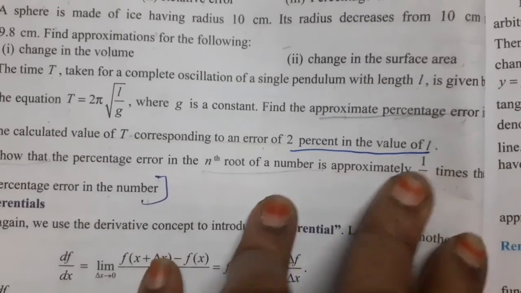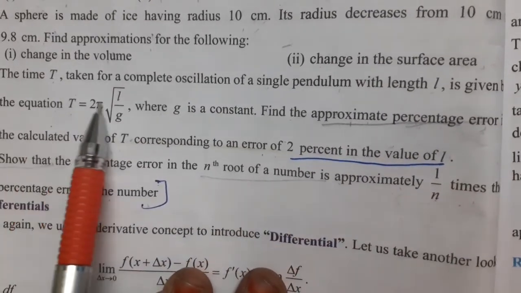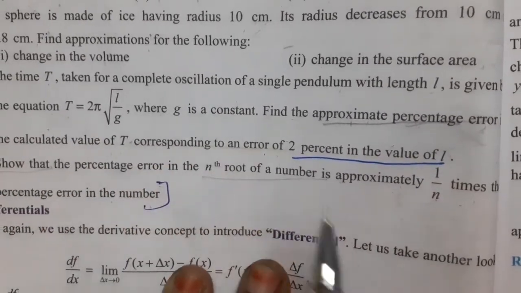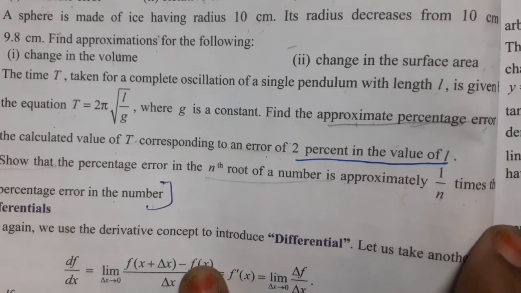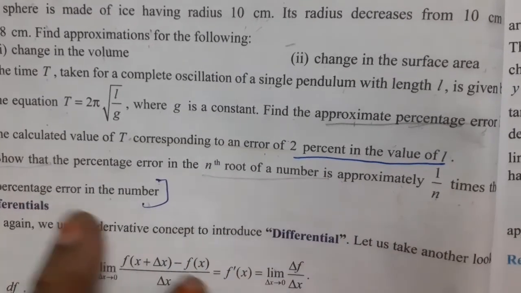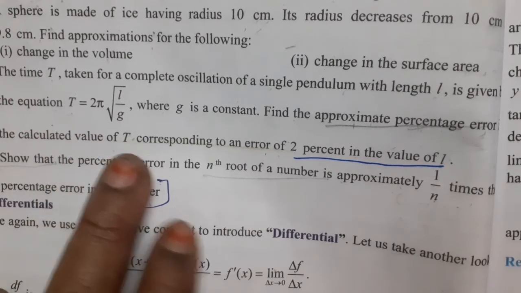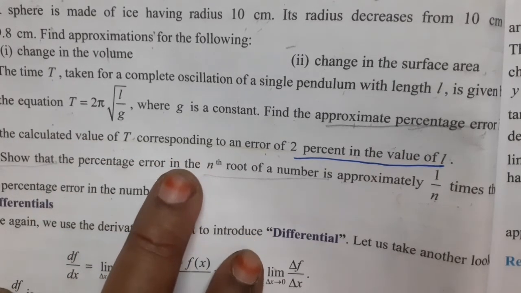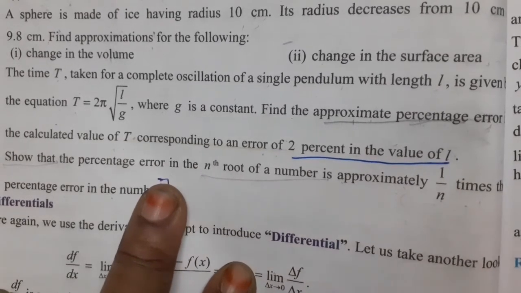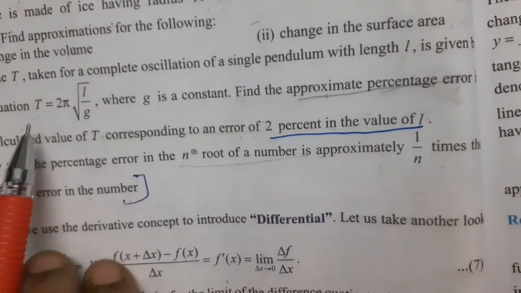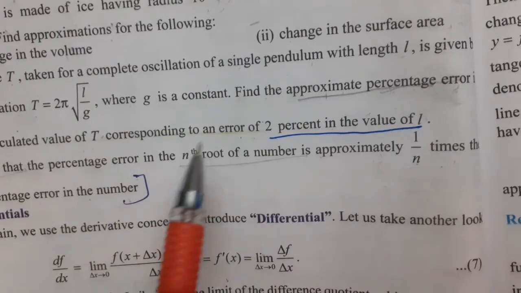See the question, understand the question. The time t taken for a complete oscillation of a simple pendulum with length L is given by t equals 2 pi root of L by g, where g is a constant.